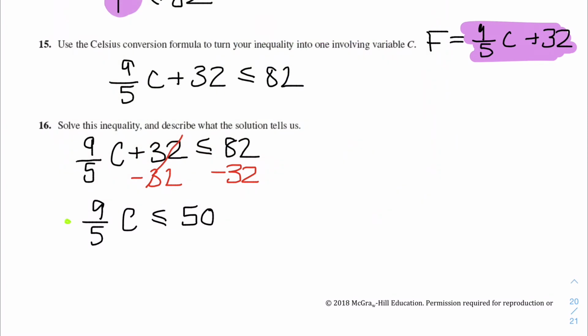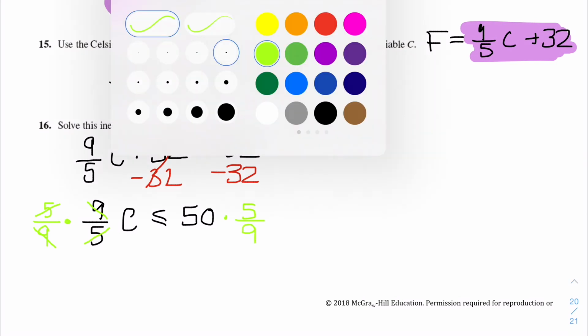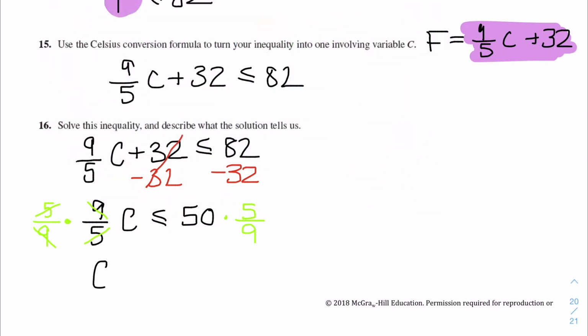Another thing you could do is multiply by 5/9, because the 5s would cancel, the 9s would cancel, which means you have to do exactly the same thing to the other side. So you're left with C is less than or equal to 50 times 5/9, which if you plug into your calculator is 27.8.